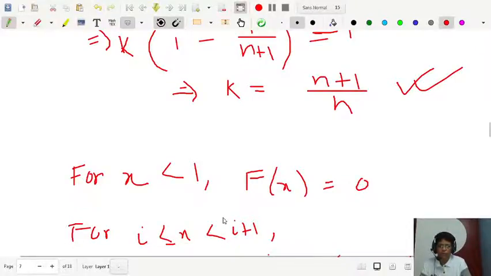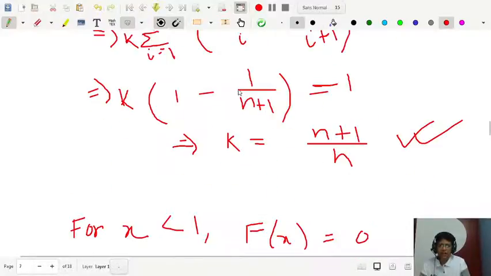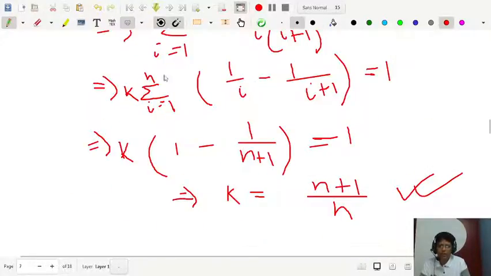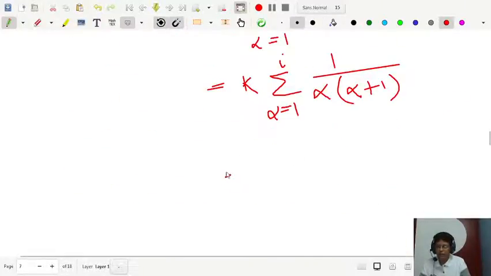The value of k is actually n plus 1 by n. So if you substitute and simplify, with a calculation similar to the one we used to calculate k, that will give you n plus 1 by n into i by i plus 1.